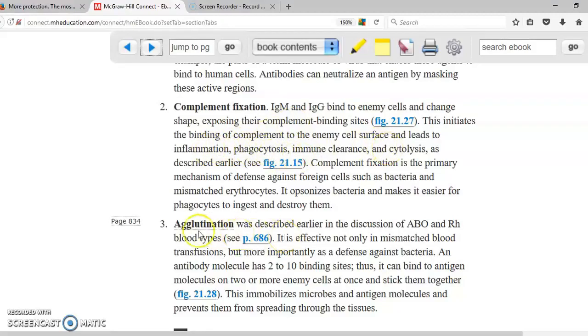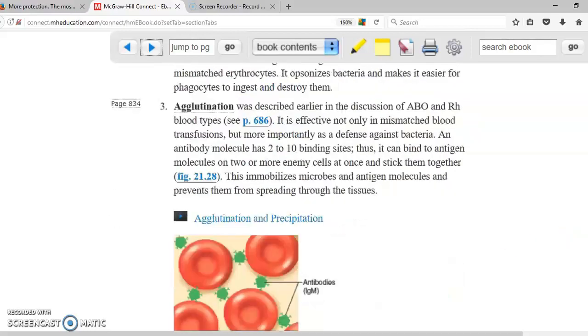The next one is agglutination. Agglutination is the ability that antibodies have to attach to multiple antigens and bind them together, therefore rendering them inactive. Agglutination is what happens with blood type. You have an example here, an antibody attaching to multiple red blood cells. Why?